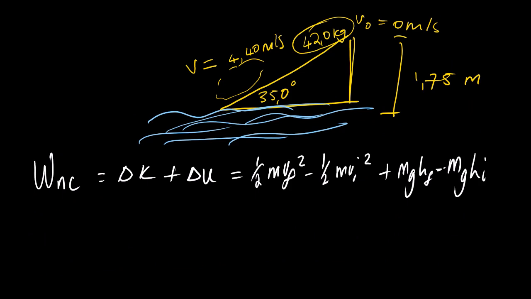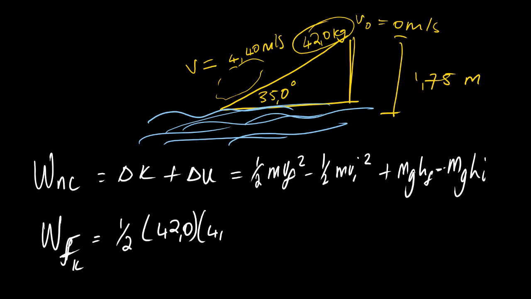So we can go ahead and substitute. On the work done by the non-conservative force, we only have work done by kinetic friction. Then we have half the mass, it's 42.0, the final velocity is 4.40 squared, minus half.